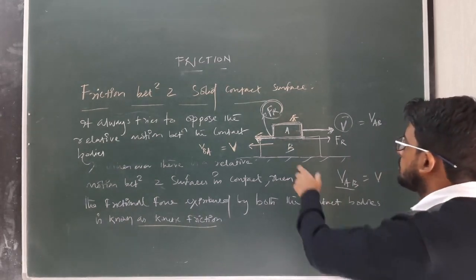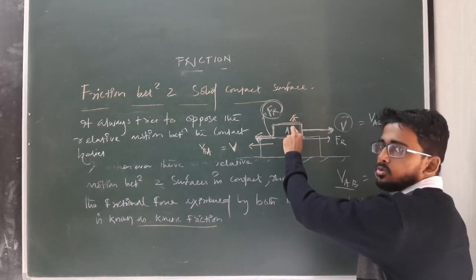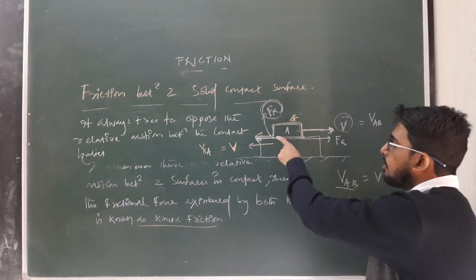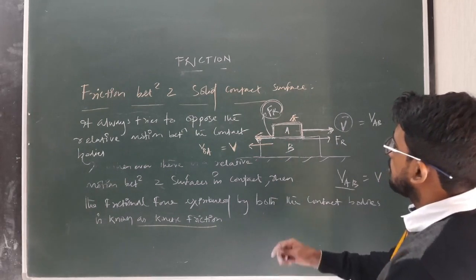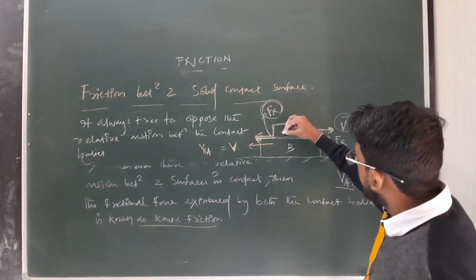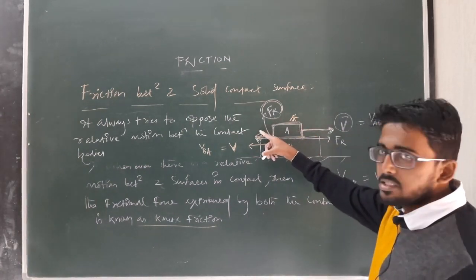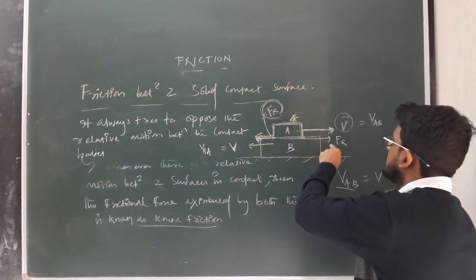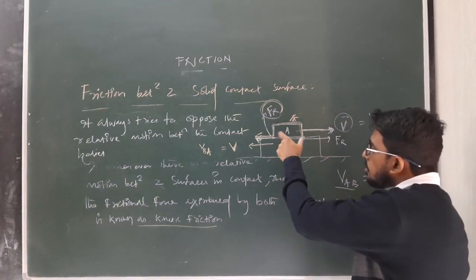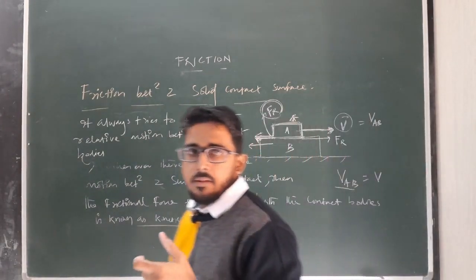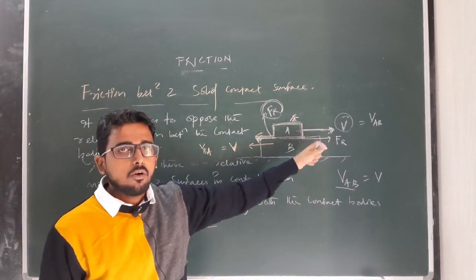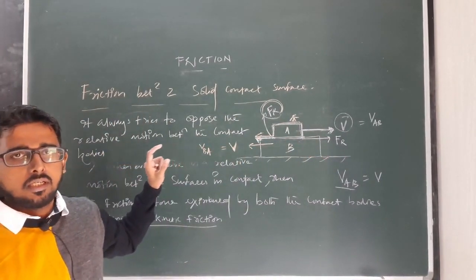So here we observe that whenever there are two bodies in contact, frictional force acts on two surfaces or on two bodies. As here we observe that the frictional force on block A due to B is along this direction, and similarly the frictional force on block B due to A is along this direction. These two forces are an action reaction pair. Okay, their magnitudes are equal but directions are opposite.